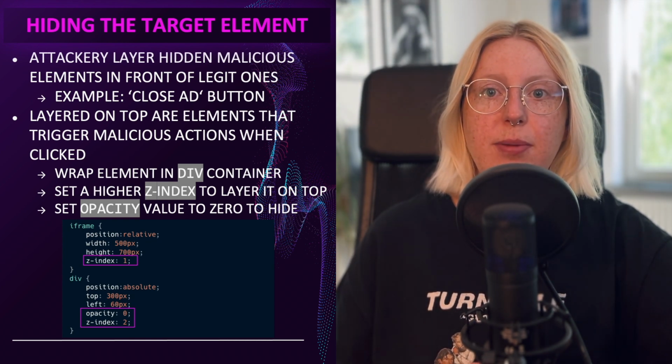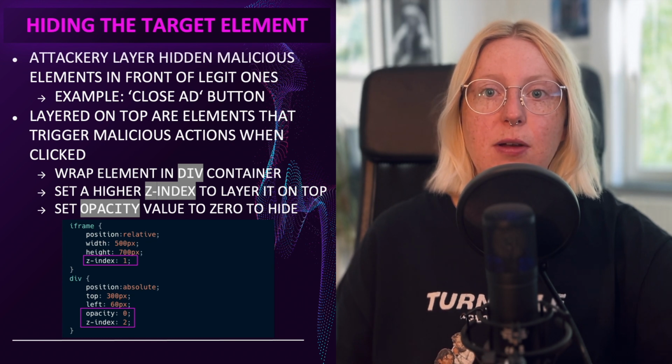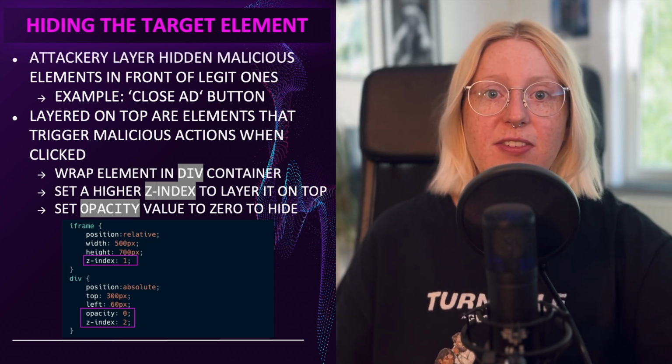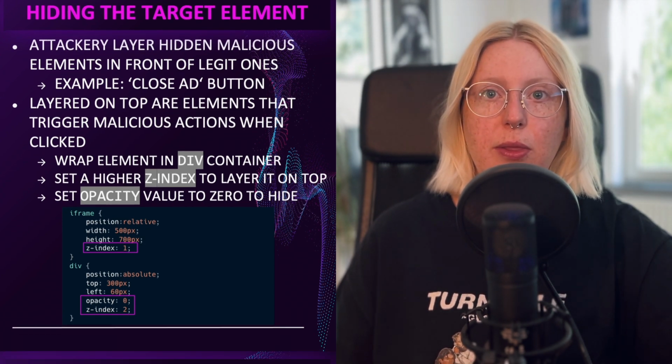It is incredibly easy to hide such an element, for example by wrapping it in a div container with a higher z-index than the element that is layered below, and also setting the CSS opacity value to 0. Without any further investigation, no normal user should be able to realize that there is another element besides the one they can see on the page.